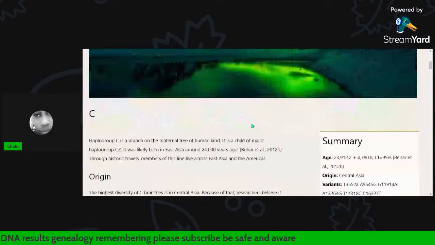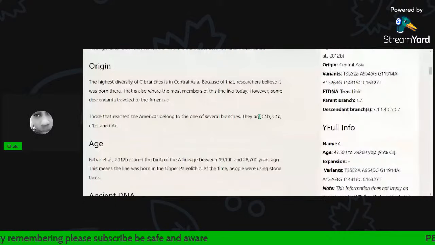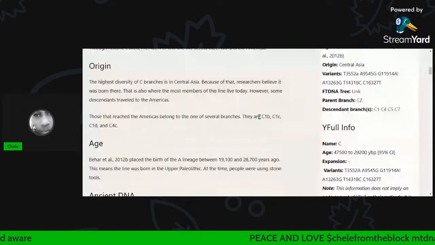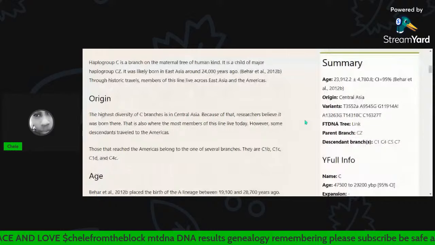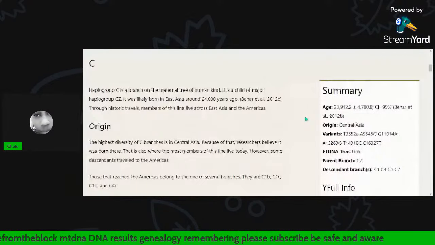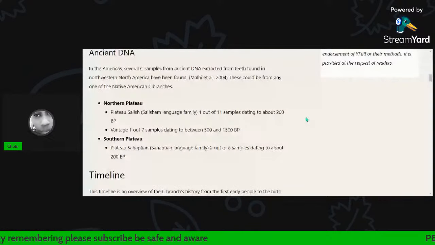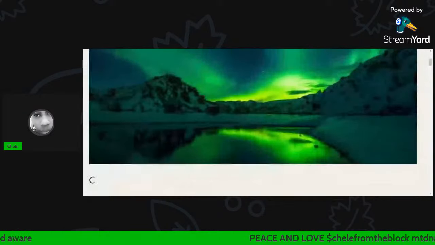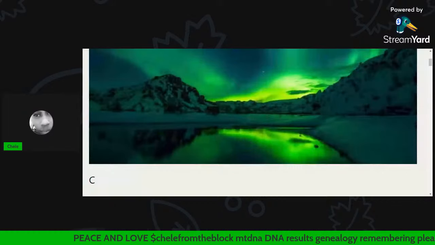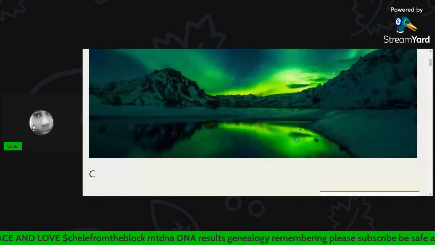I don't have descendant branches. I have the parent branch, which is unbelievable. I don't know, unless they group you with the main group. But no, if I was E1B1B1B, it would come up E1B1B1B or just E1B. That I don't know, so I'm not going to speak on it.